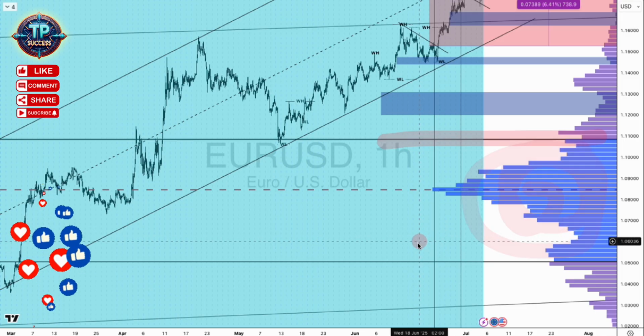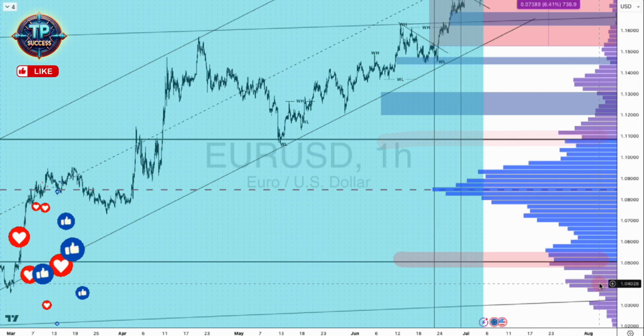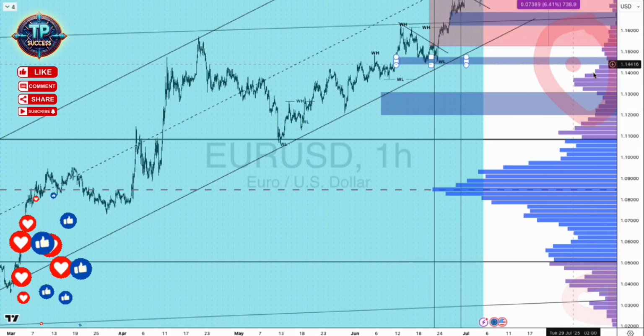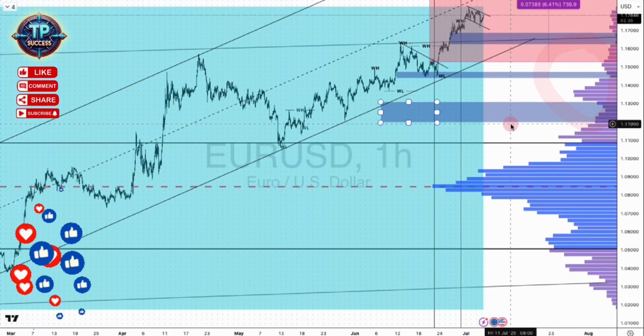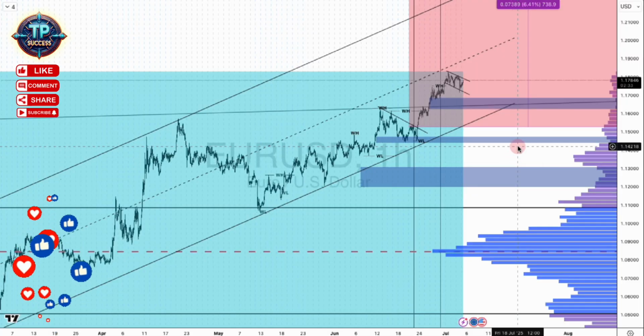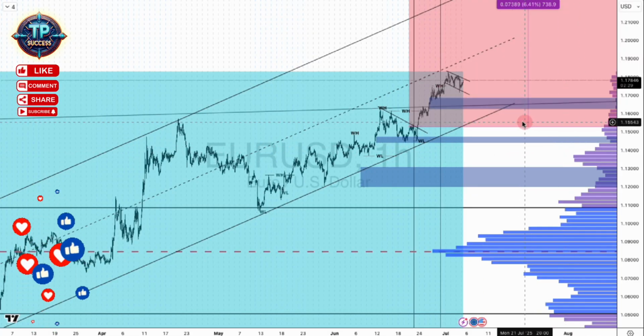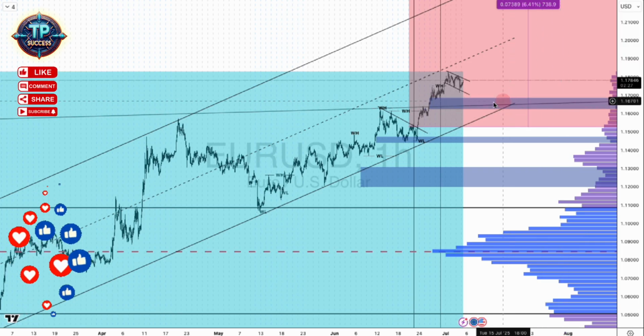These are the borders for that high value area. This area down here is a low value area. This area up here is a low value area. The nodes are still useful, so the low value nodes are still useful, but it's just to help you orient yourself to know that we are in a low value area of the volume profile.